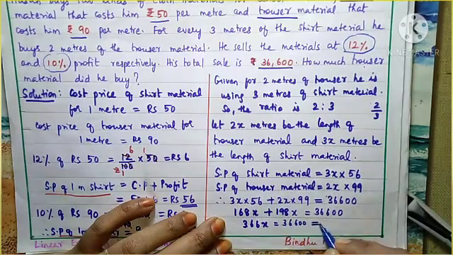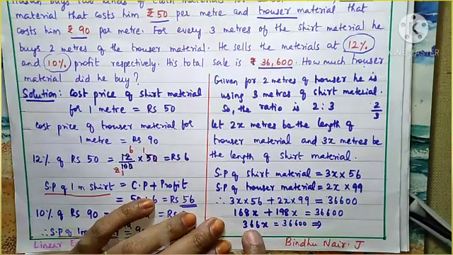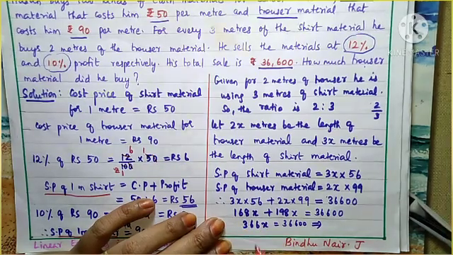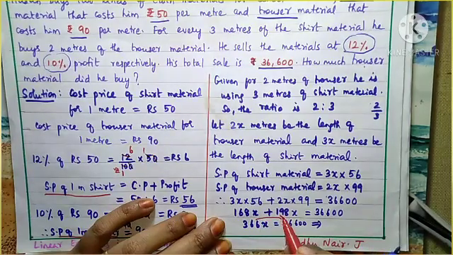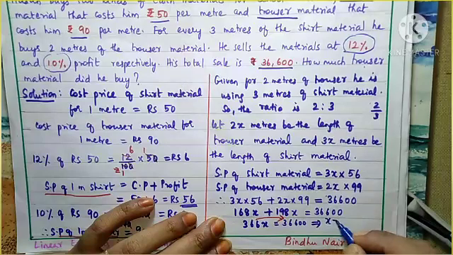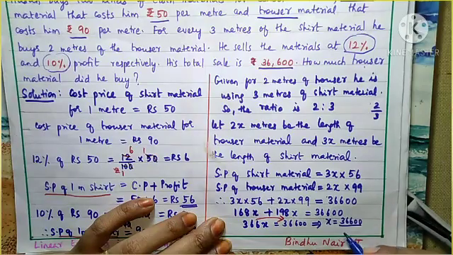36,600. So this implies, now you see we need to find out x and 366 into x. Whenever you transpose this 366 to the right hand side, it becomes division. Therefore x is equal to 36,600 divided by 366.